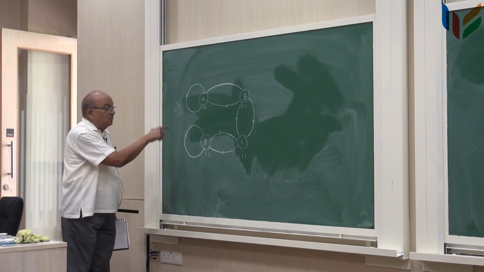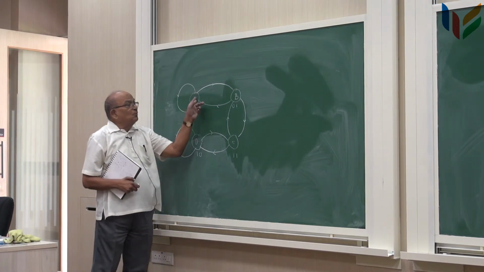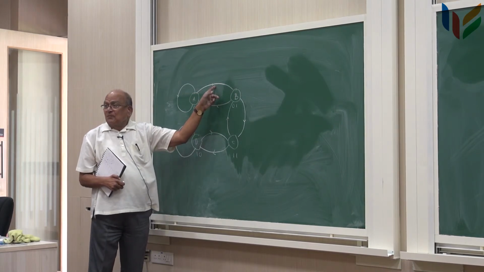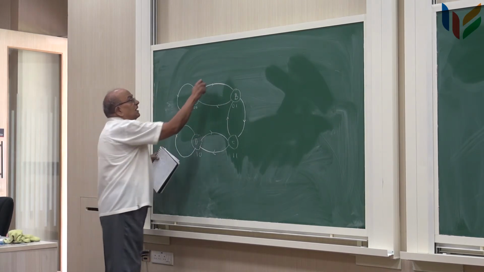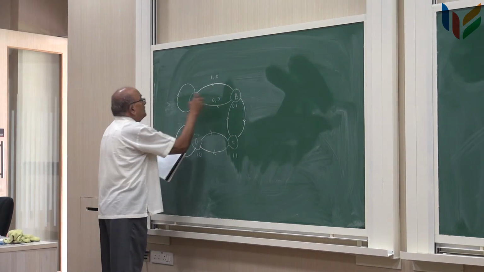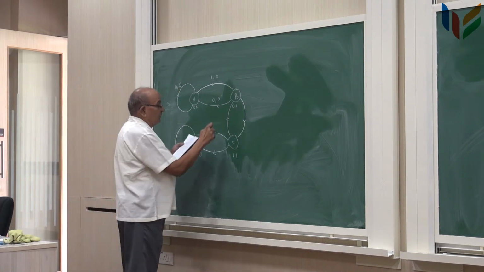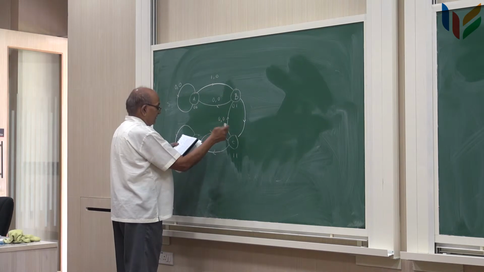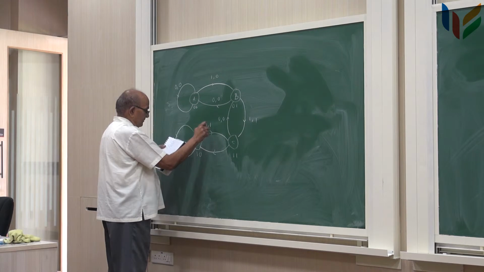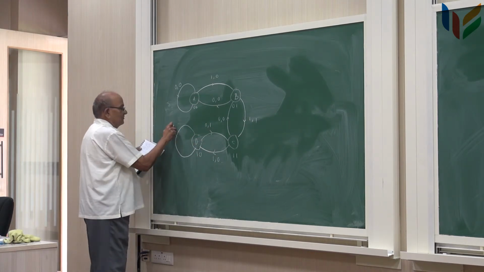Now, I have not written the complete description of this, in the sense of what input will move from here to here, and while moving from A to B, what output it has given. So I will have to specify that: this is 1 0, this is 0 0, this is 0 0, and this is 0 0, and this is 1 1, and this is 0 1, this is 1 0, and 1 0.